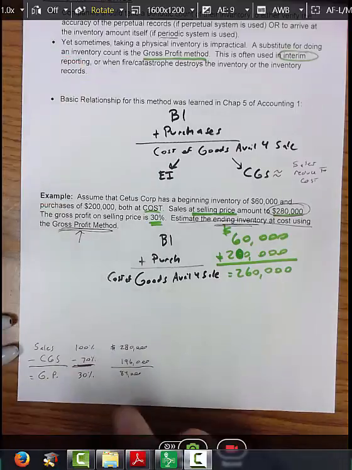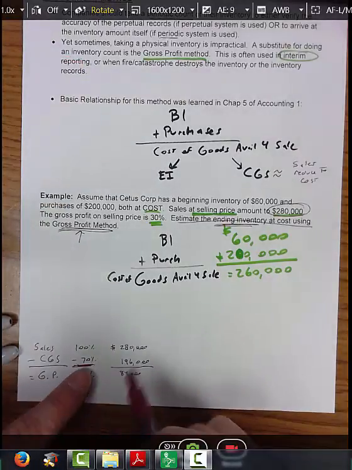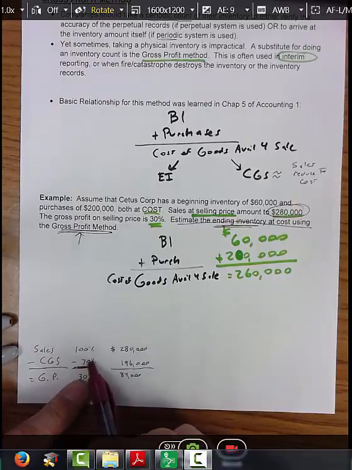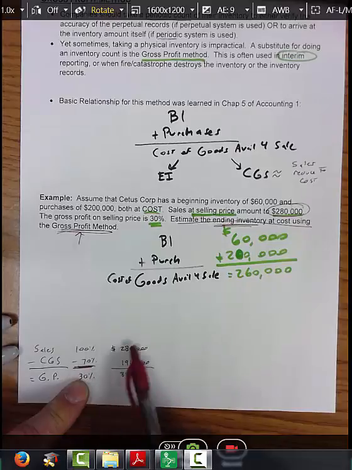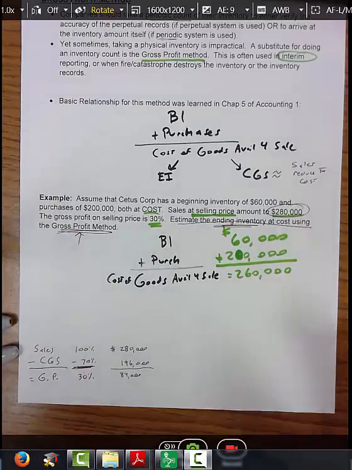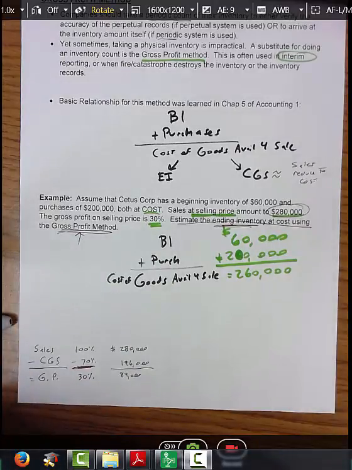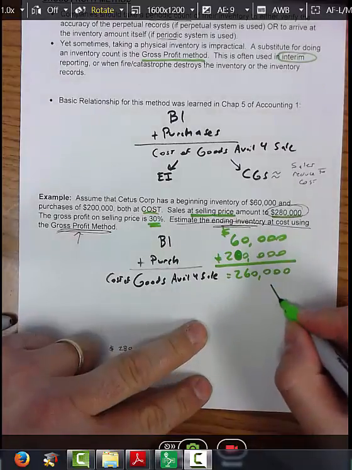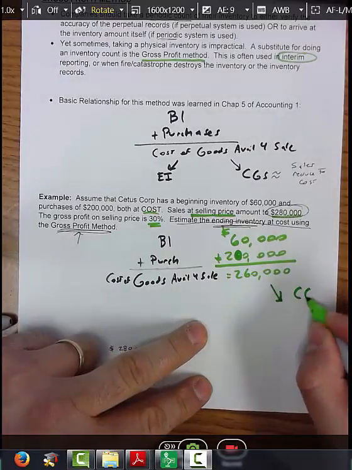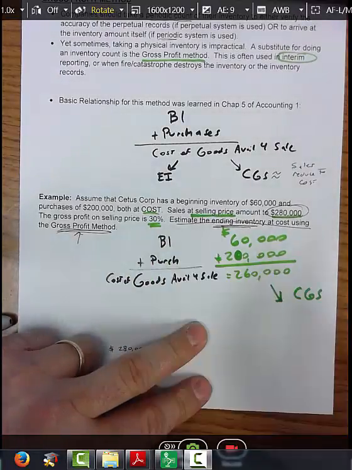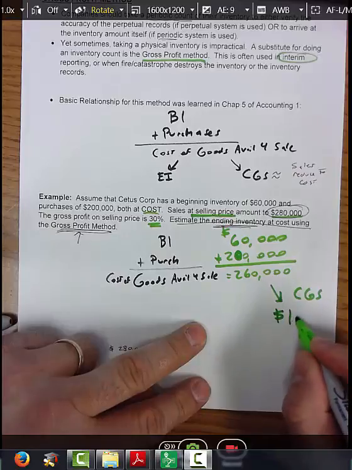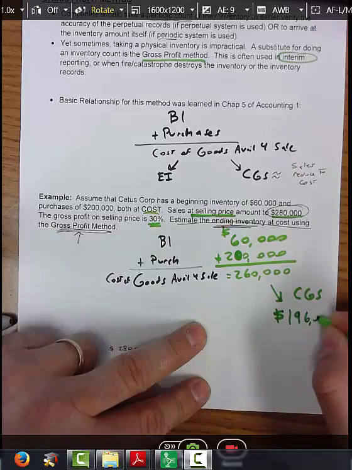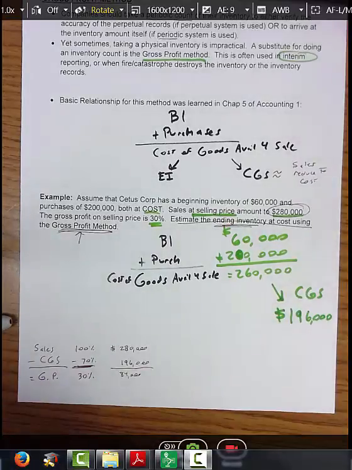You really didn't have to do this step, since we knew that cost of goods sold was 70% of sales, and they gave us sales of 280. We could have just taken 70%. But now we know our cost of goods sold using this estimate method of gross profit. Our cost of goods sold is $196,000.